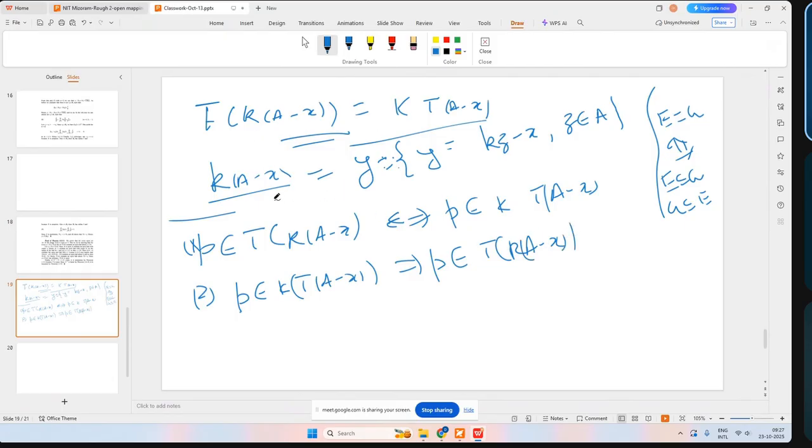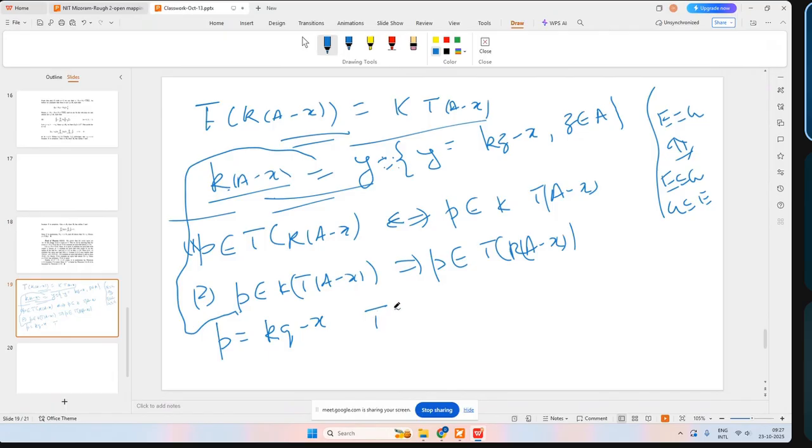But if you use this definition, P is in K times T minus X means what? I am referring to this definition. P will be equal to what? It will be K of some Q minus X. So K times A minus X is this. You have to take T on that.